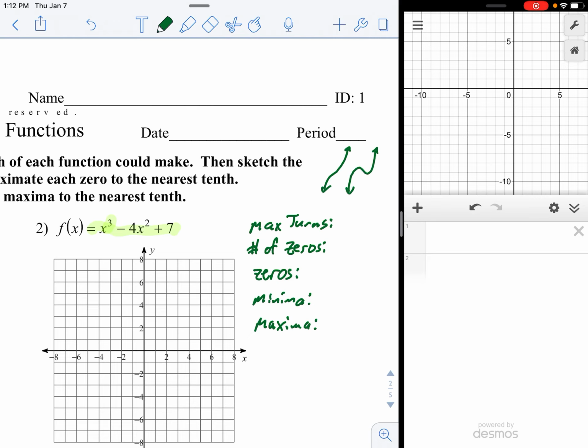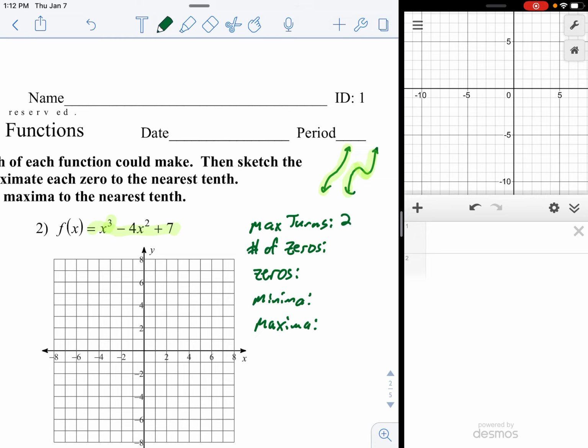So either one of those are possible. The second variety does turn. It goes up to down, and then it goes from down to back up. Let me try to be a little more clear as I do that. So it goes up, and then down, and then up, whereas this one just keeps going up. So there's a maximum of 2 turns.